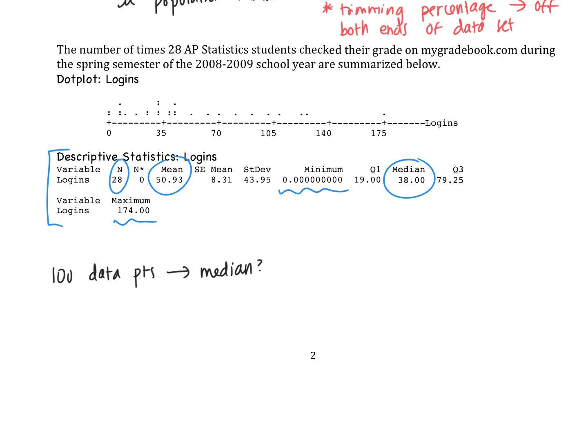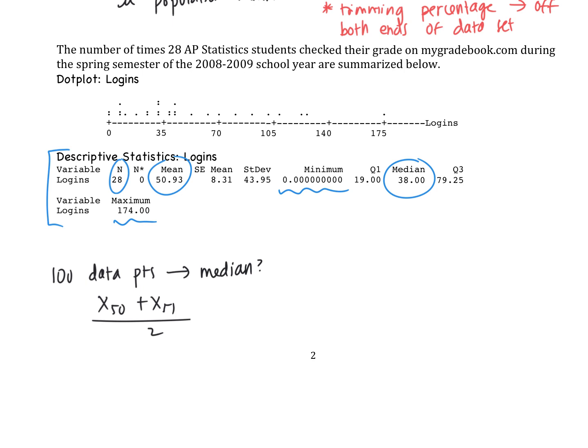Take the average of the two in the middle. You would take the 50th observation and the 51st observation and average them. Don't actually cross off from each end 49 times. If you can do that in your head, great.